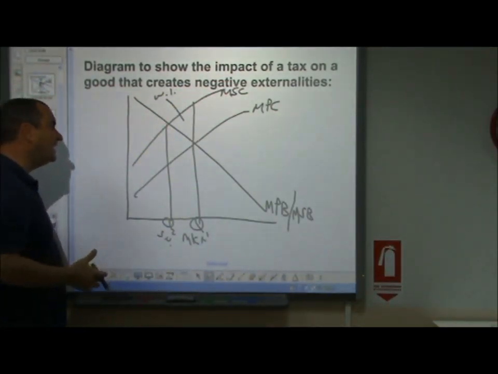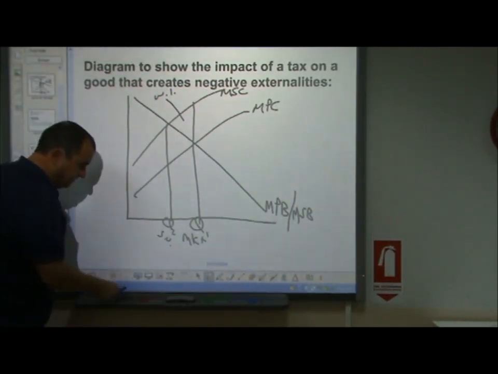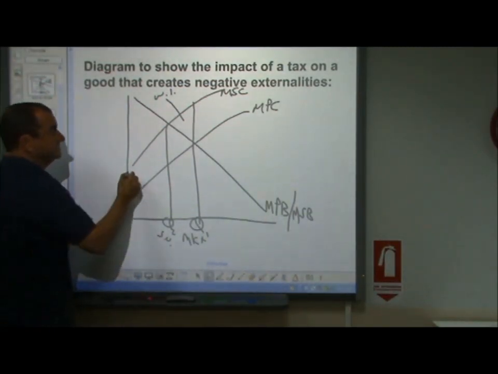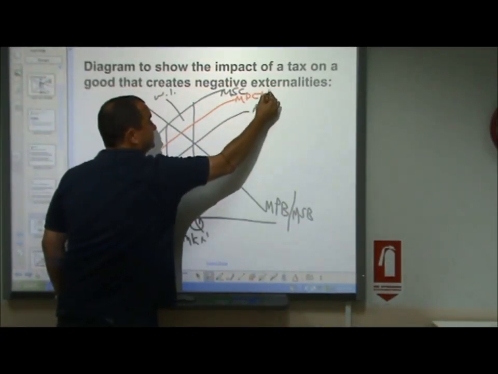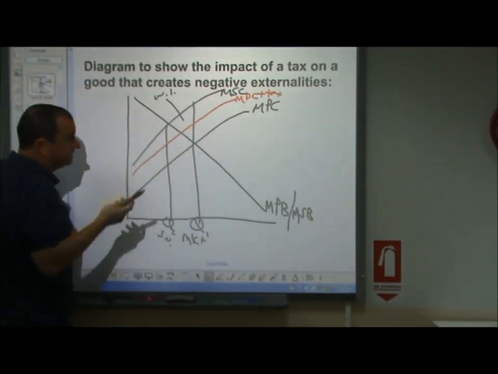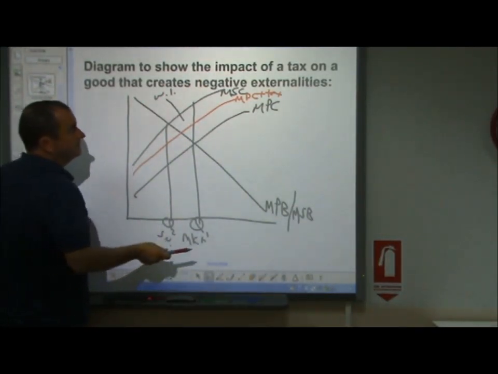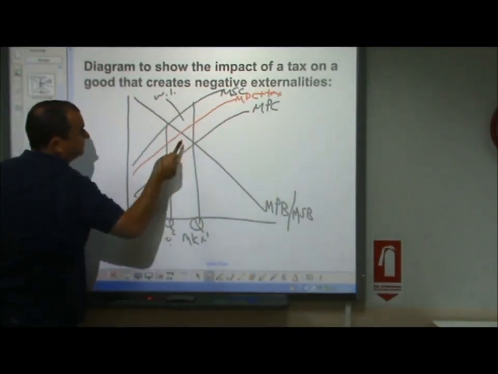Okay, so a tax will raise the private costs. So let me put this in another colour. Let's say that a tax is imposed, and now the marginal private cost plus tax is there, and now buyers and sellers still think in the same way, but now when they equate private costs with private benefits, they're looking at these private costs.